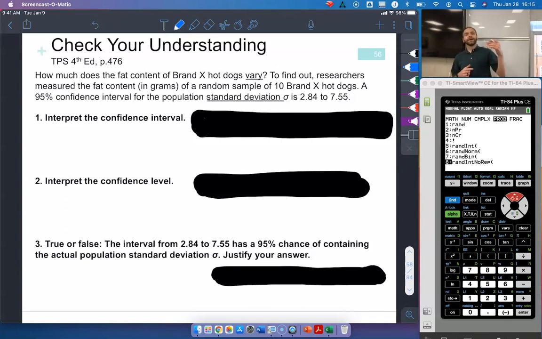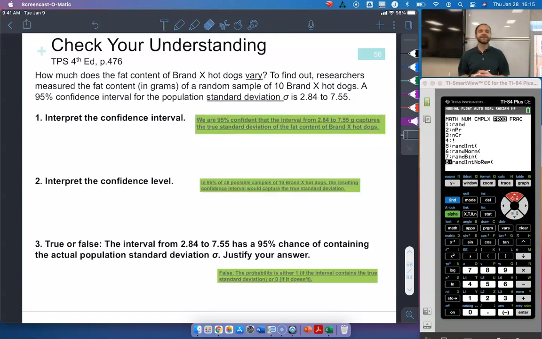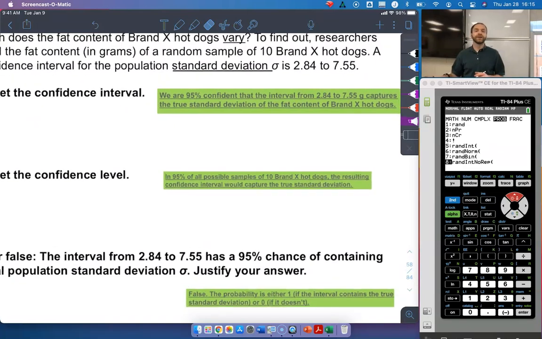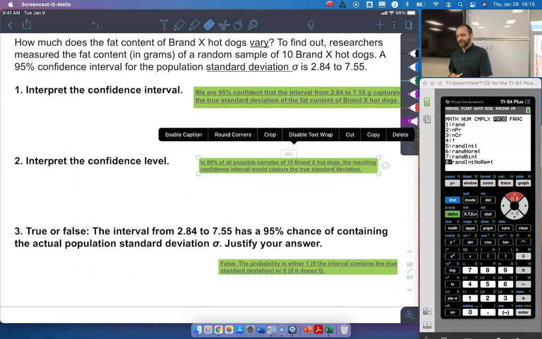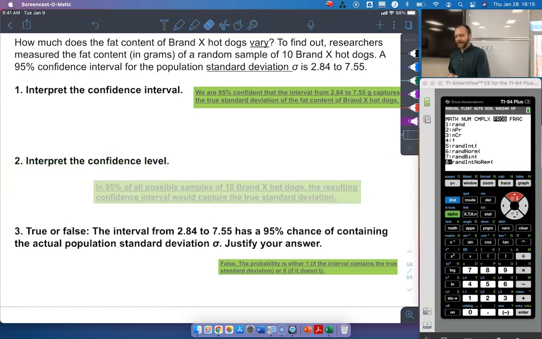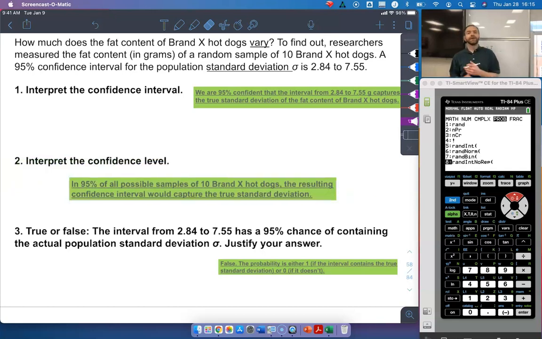And now I'll erase. We are 95% confident that the interval from 2.84 to 7.55 captures the true standard deviation of fat content with Brand X hot dogs, and in 95% of all samples of the same size of 10 Brand X hot dogs, the resulting confidence interval will capture the true standard deviation.